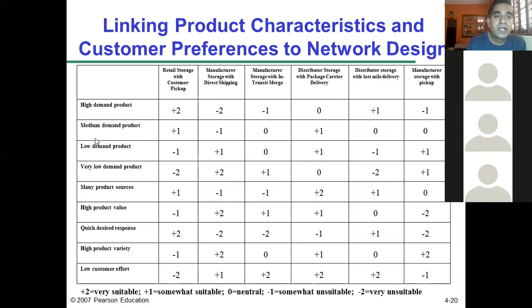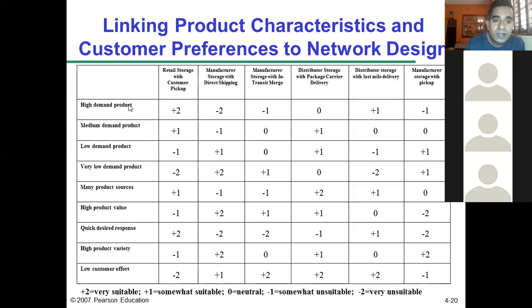Similarly, for a product with low demand, retail storage with customer pickup is rated as -1, which means somewhat unsuitable. Whereas distributor storage with carrier delivery or manufacturer storage with customer pickup is rated as +1, which is somewhat suitable.